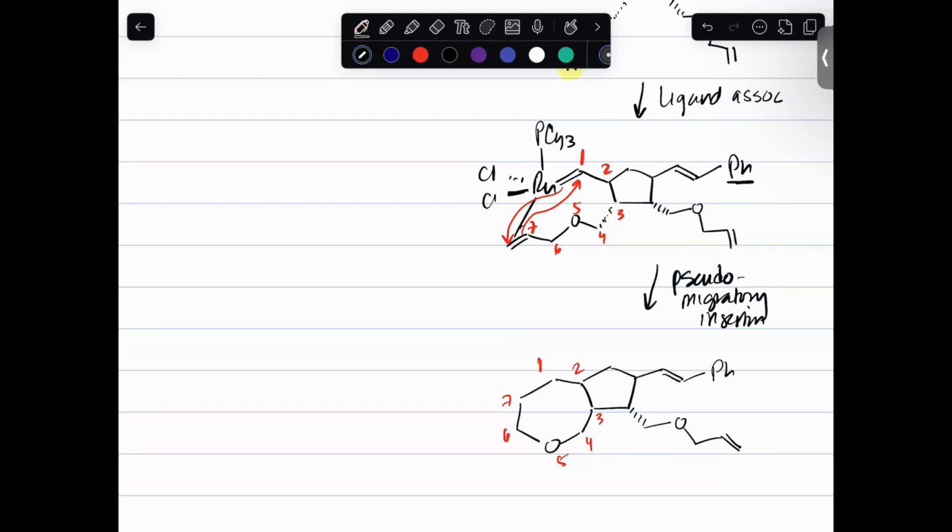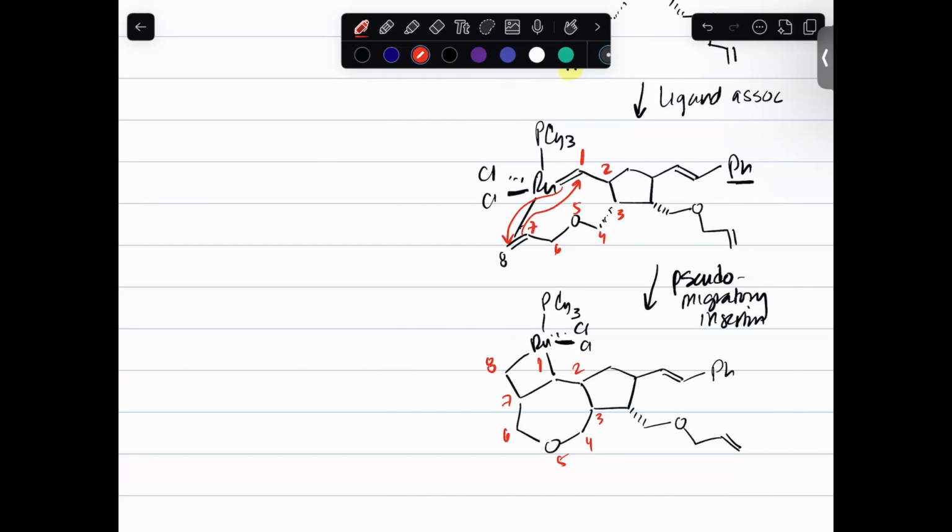After a while, I know it's really hard to draw out these seven-membered rings or eight-membered rings. I'll call this carbon 8. They get a little bit easier with time.